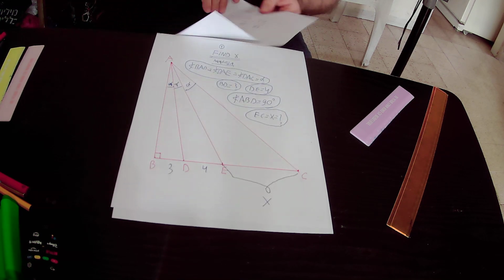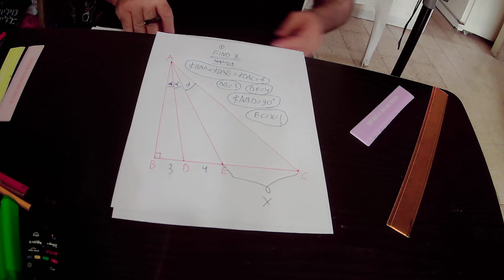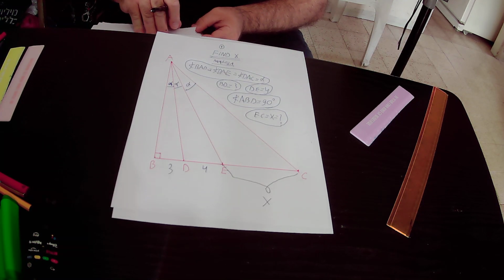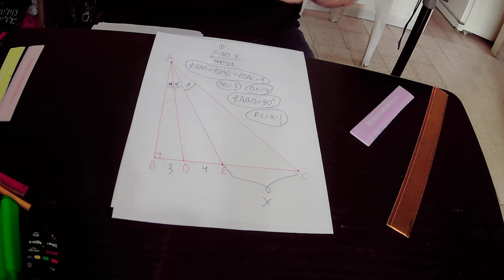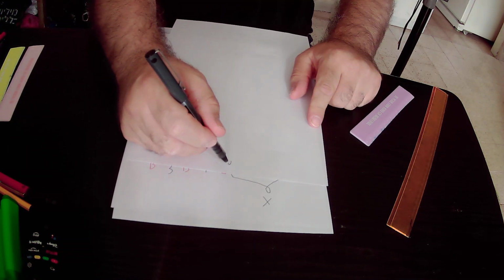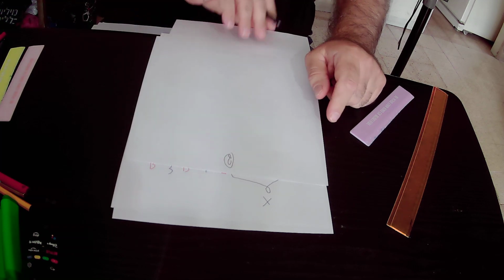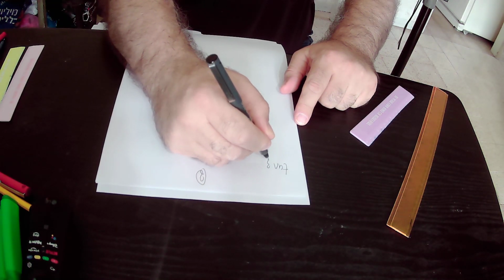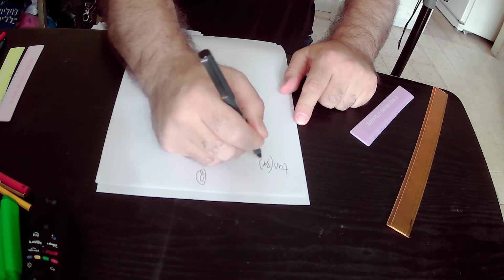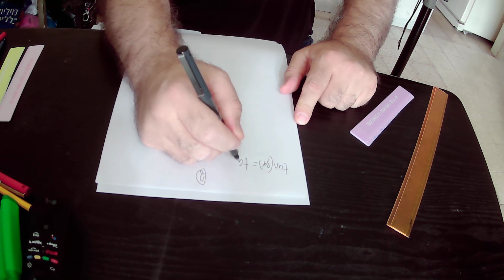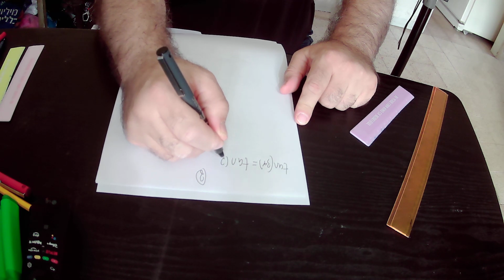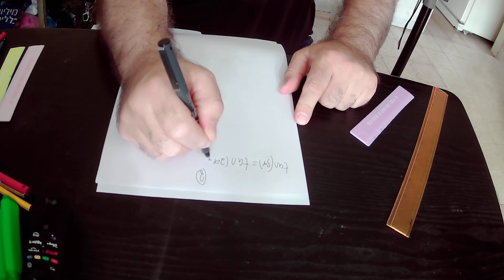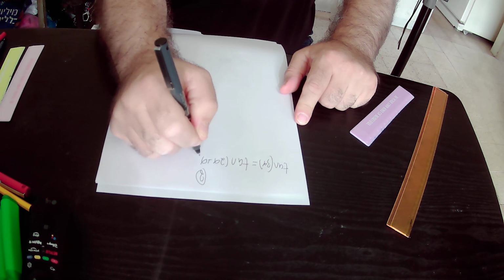Okay, so we also know that tangent 3 alpha equals tangent of 2 alpha plus alpha.